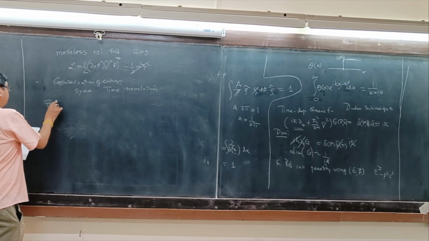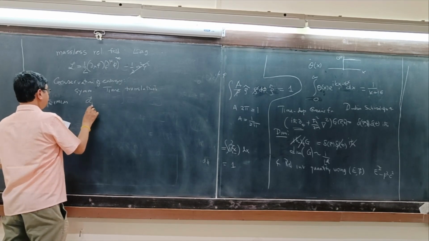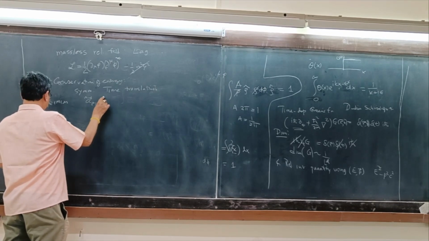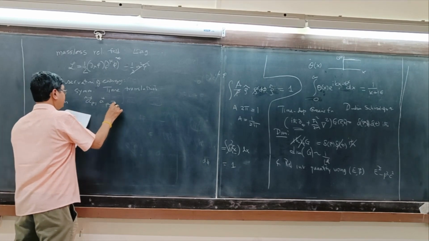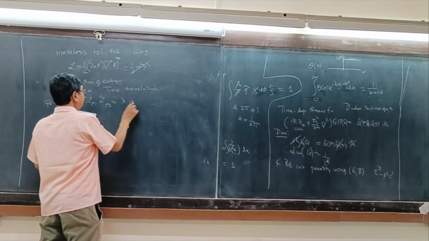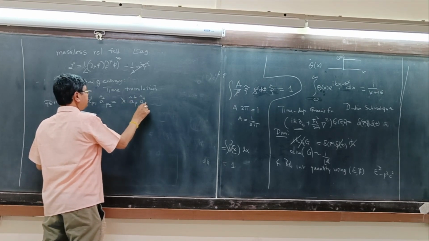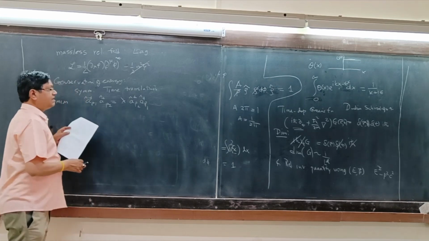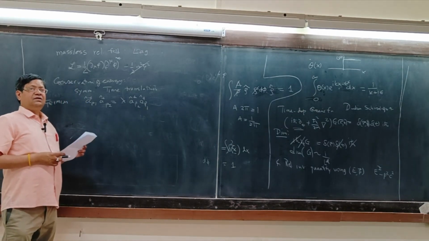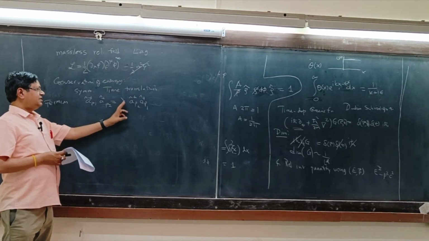Now fermions. Fermionic operators: a dagger p1, a dagger p2 equals lambda a dagger p2, a dagger p1. What's the value of lambda? Minus 1.